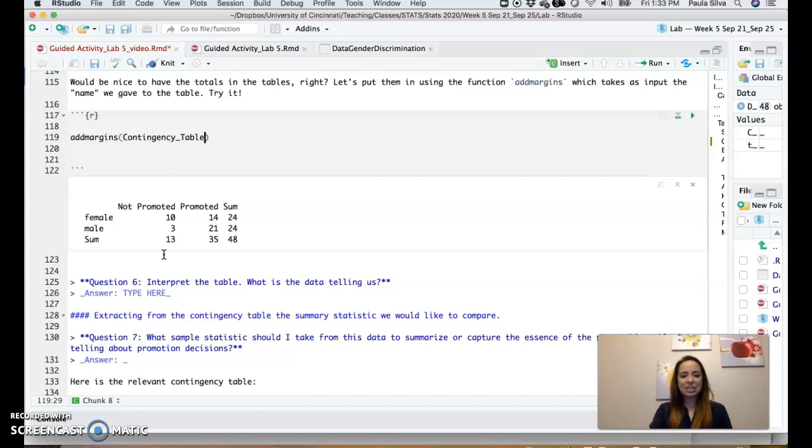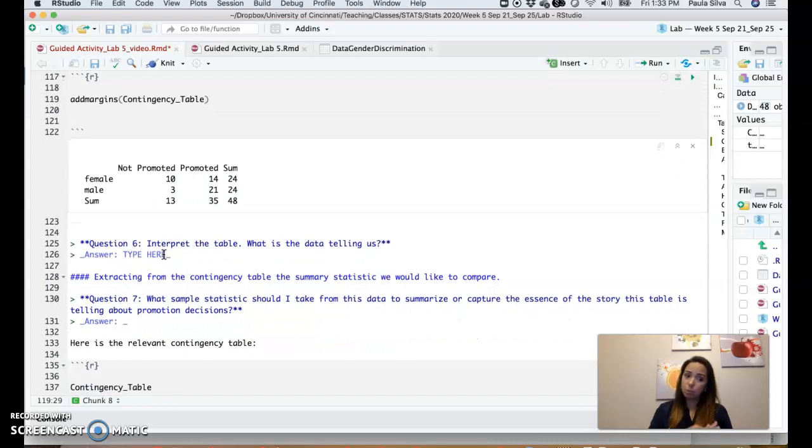Now in question 6, I'm asking you to pause the video and take some time to interpret the data. What is the data telling us? Given the question that we're asking about gender discrimination, the data is consistent with a bias against females in promotion decisions.